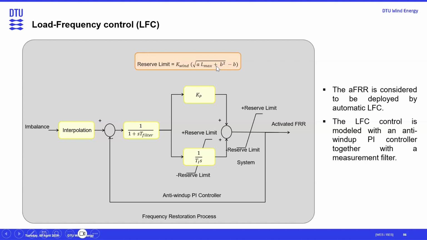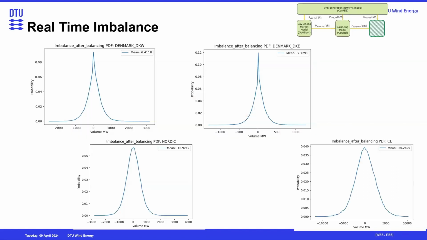I'm not going to go into the details of that modeling, but it's a dynamic modeling with a PI controller here. But if we look at the imbalances after we have activated balancing reserve, this much amount of imbalance needed to be handled by the real-time reserves or automatic reserves.